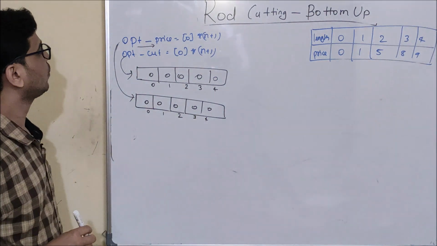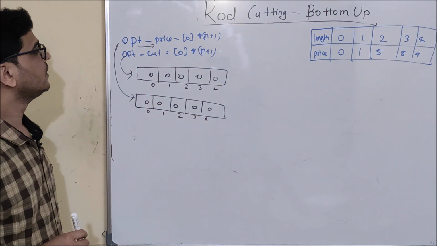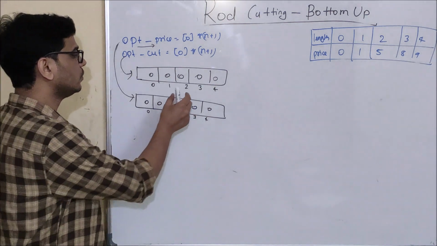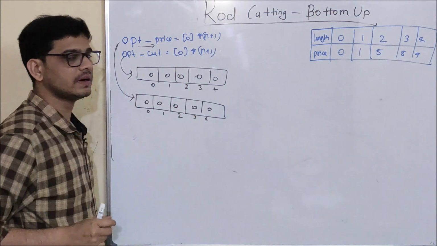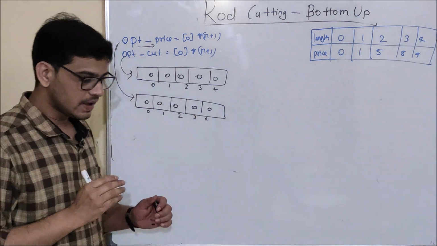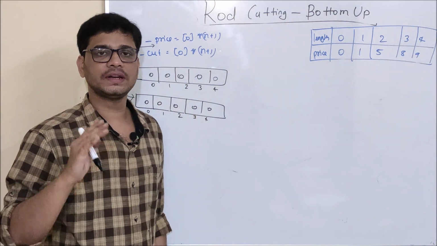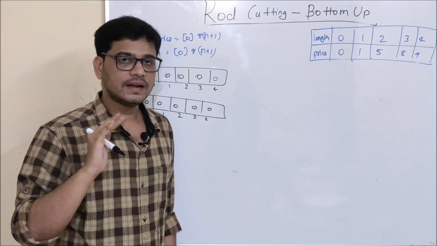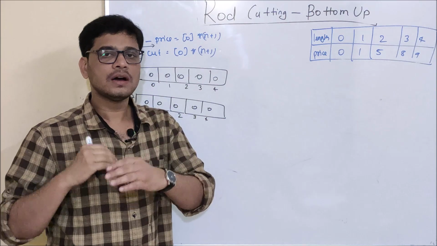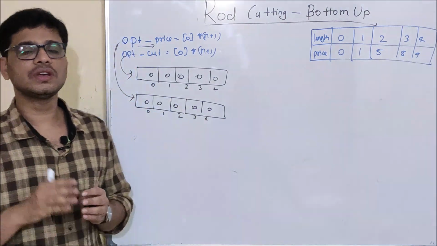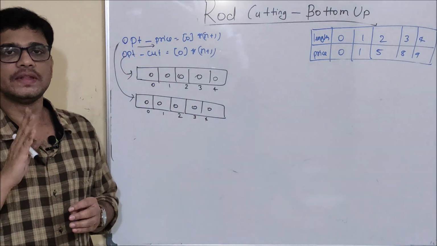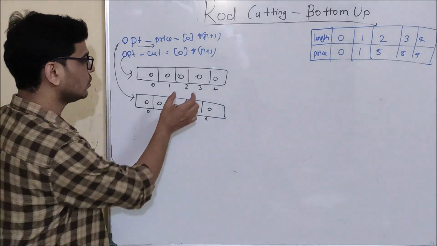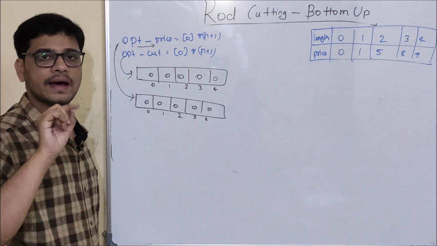Now see why this optimal cut list. Basically in this optimal cut list, I will be storing what cut I am giving. Suppose I have a rod of length 3. I will give a 1 meter cut, 2 meter cut and a 3 meter cut in it, and I will find the answer after it and choose the optimal one. Suppose the 2 meter cut has given me the optimal answer, so in the third index I will write 2.